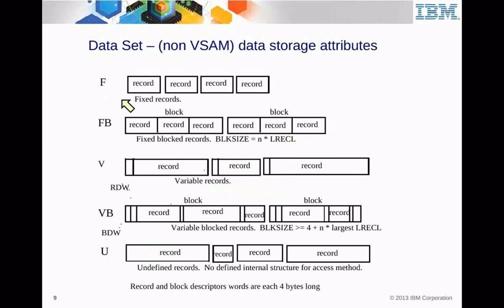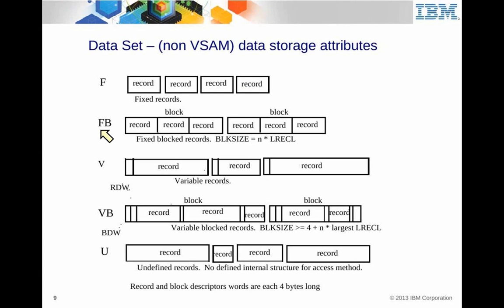Now, here's an example of non-VSAM data sets. If I give it a record format attribute of fixed, every record has equal size, fixed length. Every record has a fixed length.